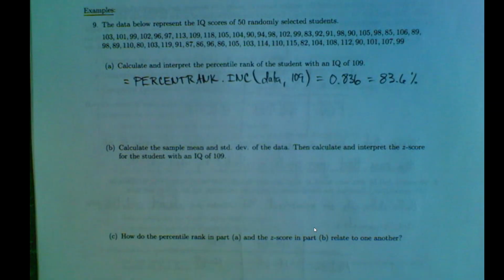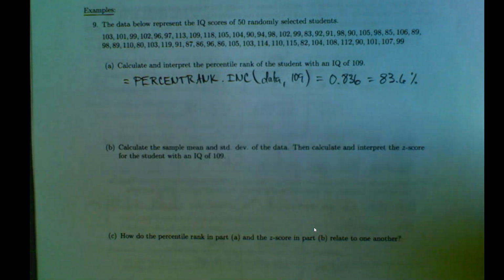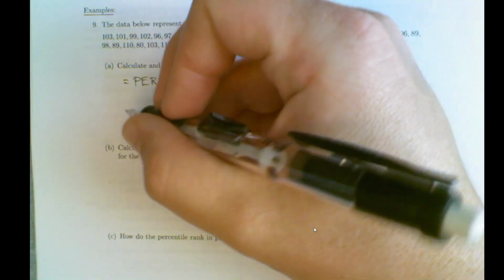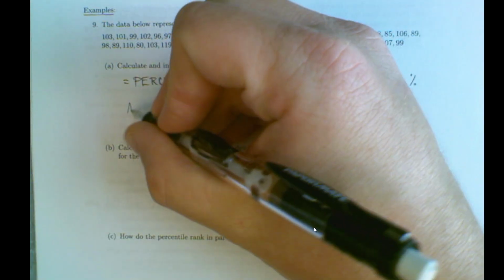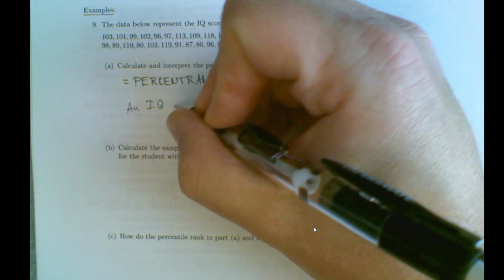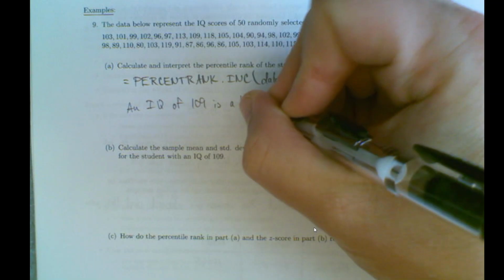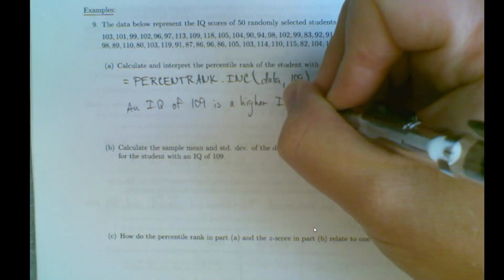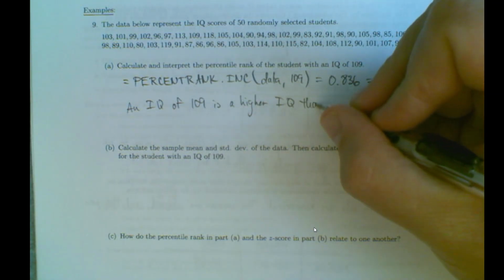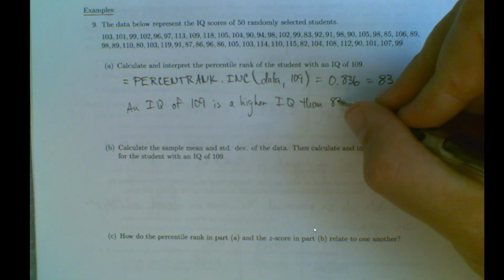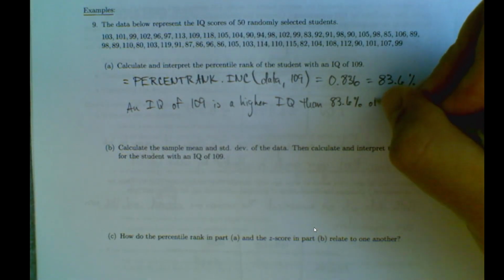So if you have an IQ of 109, then that means that your IQ score is higher than 83.6% of people. So that's kind of interesting. That's the interpretation. We would say an IQ of 109 is a higher IQ than 83.6% of people.